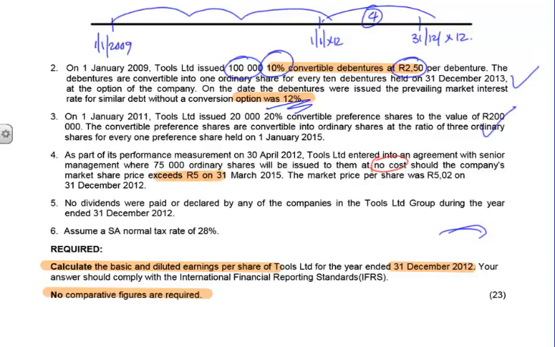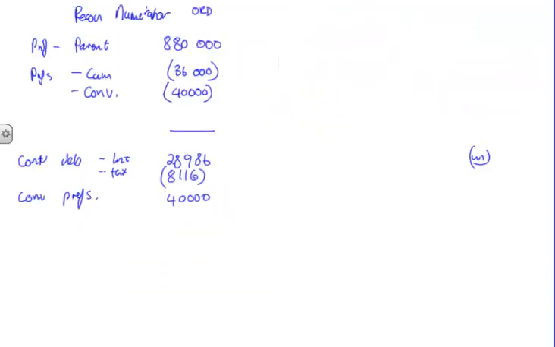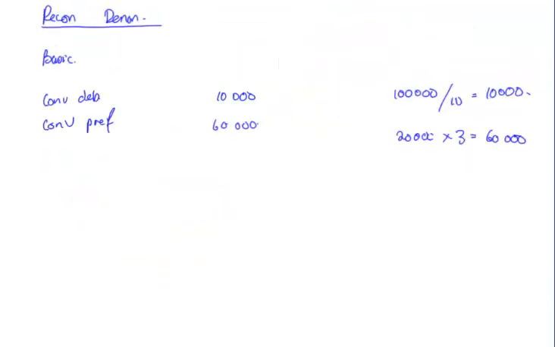At the reporting date, the market price does exceed 5 Rand. That means these are treated as potential ordinary shares, which means that we will have to include here, we call these contingently issuable shares, 75,000 shares.